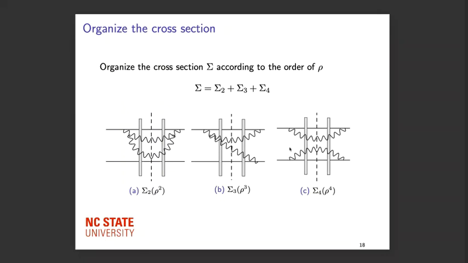It is natural to expect that the rho to the fourth term corresponds to higher multiplicity events, and the rho squared and rho cubed terms are lower multiplicity events. Later, I will explain why the first two are the background, and how we separate the signal from the sigma 4.